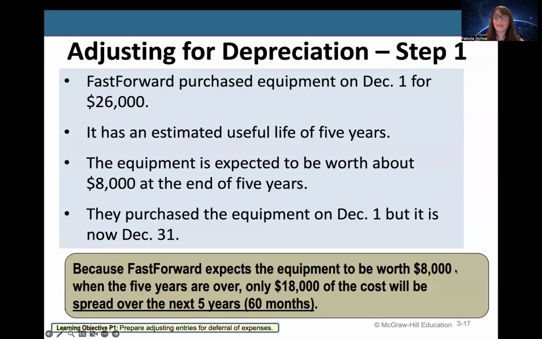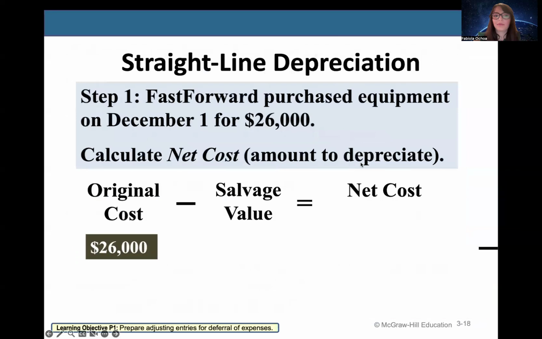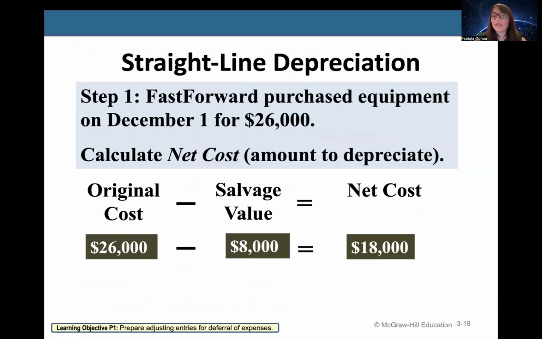Because Fast Forward expects the equipment to be worth $8,000 when the 5 years are over, only $18,000 of the cost will be spread over the next 5 years or 60 months. So using our straight line depreciation formula, we know our cost was $26,000.